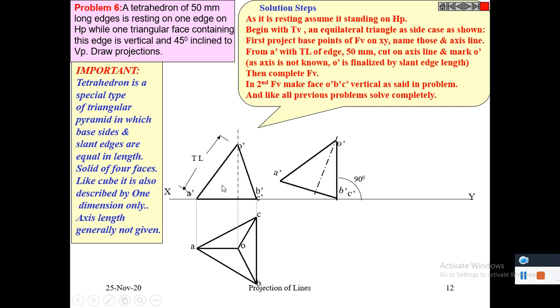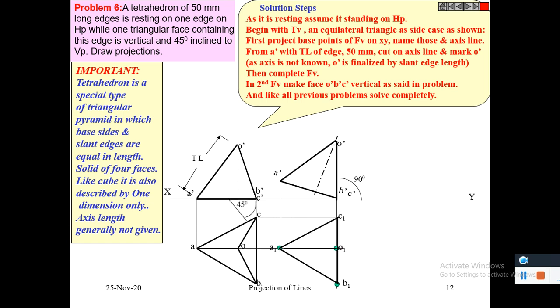It is reproduced here, or it is made vertical to HP. Its top view is drawn, and then it is tilted. This edge is tilted 45 degree inclined to VP. Its front view is then drawn.